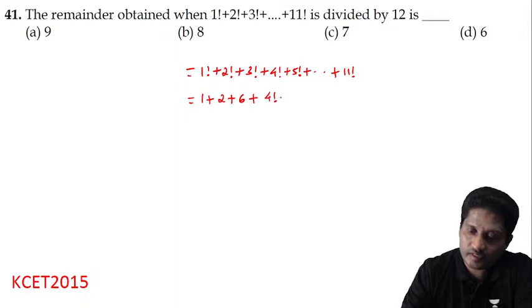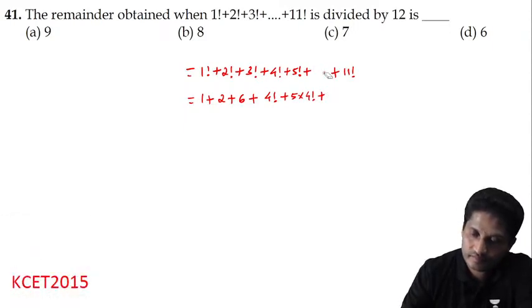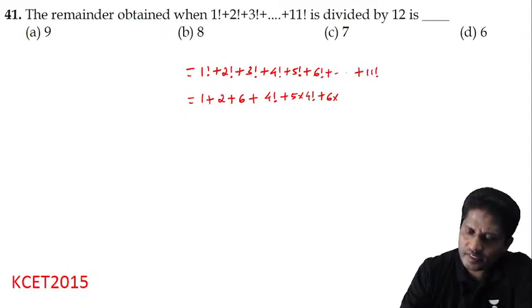This is 4 factorial plus 5 into 4 factorial, so on. Similarly, next is 6 factorial, and so on up to 11 factorial. 6 factorial can be written as 6 into 5 into 4 factorial, so on up to 11 factorial.